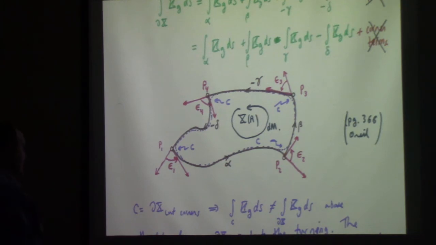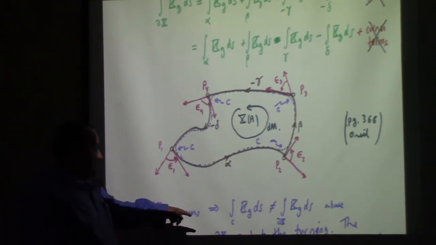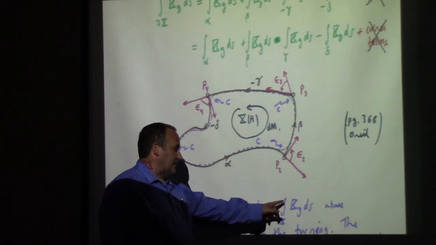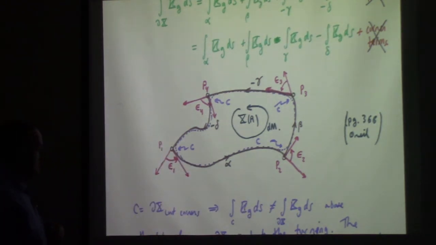So let's see here. C is the boundary of x with cut corners, but the integral over C is not equal to the integral over the boundary, because what happens at the corner actually matters because of the turning.